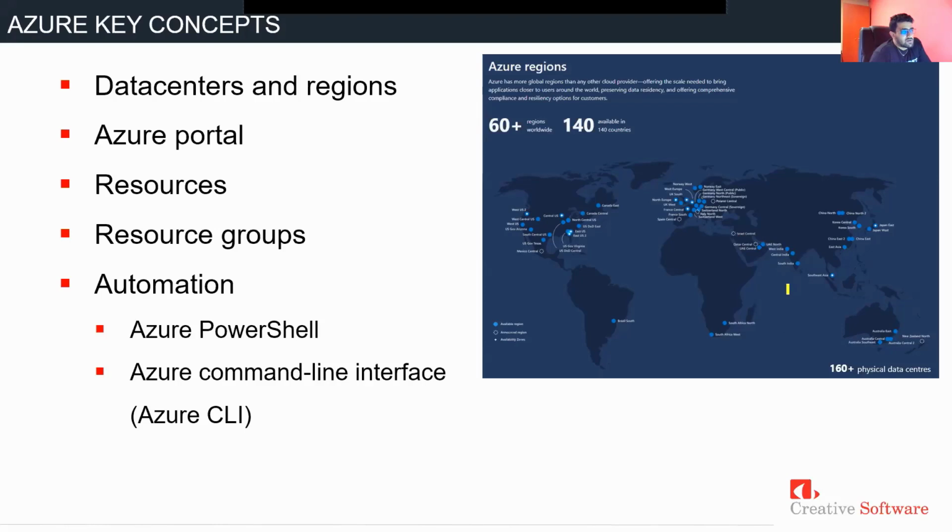Let's say from Sri Lanka, if we deploy our resources somewhere in a corner of America, it might take some time if the workload is heavy, but you won't notice if the workload is very light. In that case, you can choose a nearby data center and region for your work, like South India or Southeast Asia. These are distributed around 140 countries, and there are around 60 plus regions.